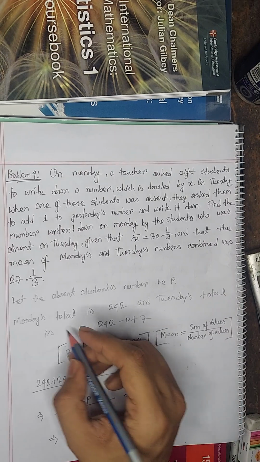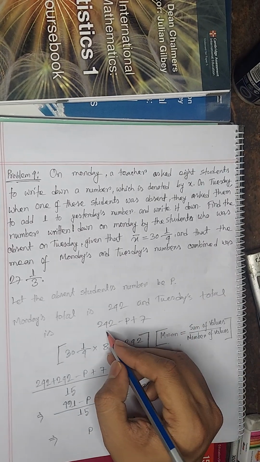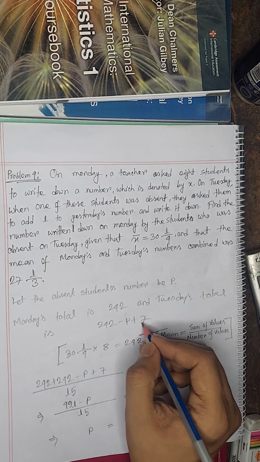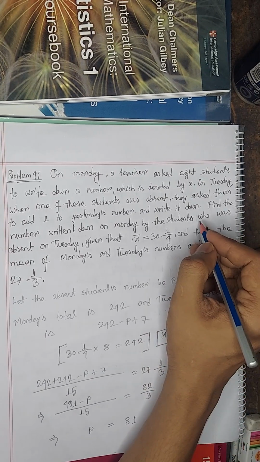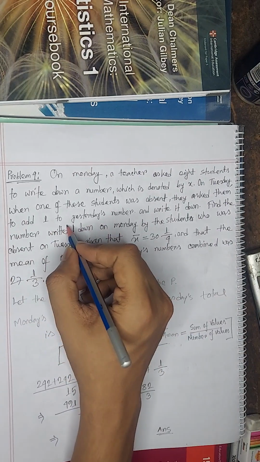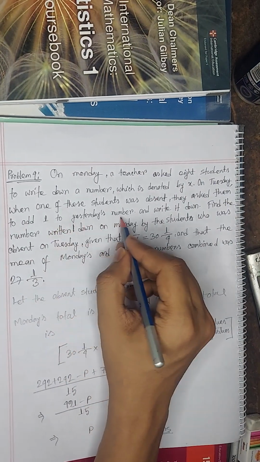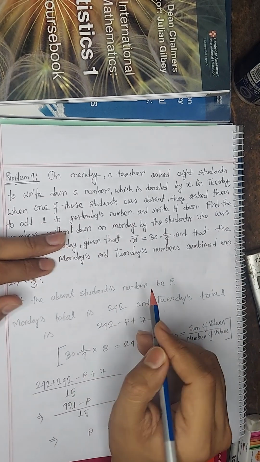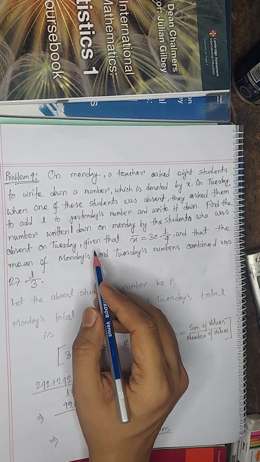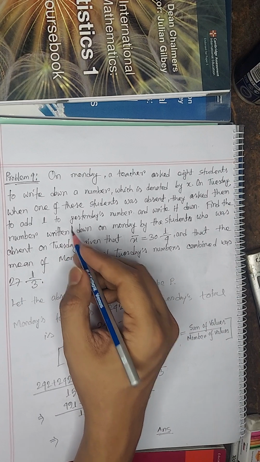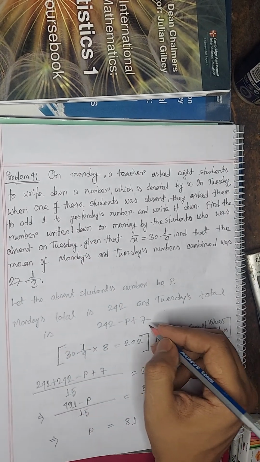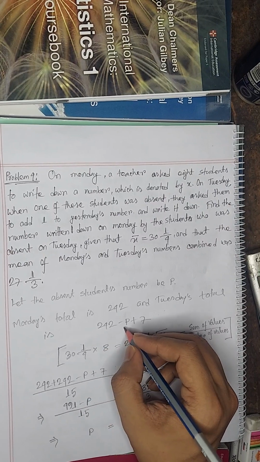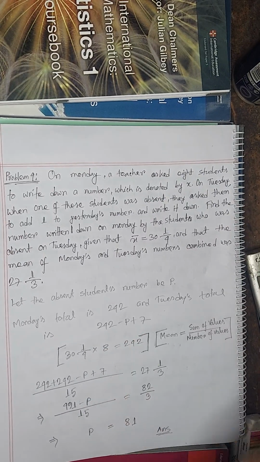So this is Monday's total, and Tuesday's total will be 242 minus P, plus 7, because they were asked to add 1 to yesterday's number. On Tuesday one student was absent, so the remaining students are 7, and if each adds 1, that will be 7. That's why Tuesday's total is 242 minus P plus 7.